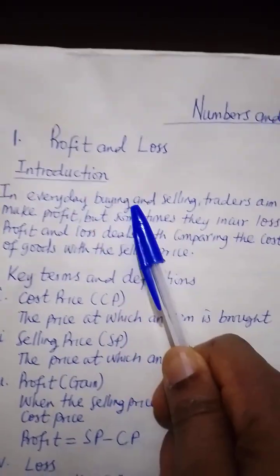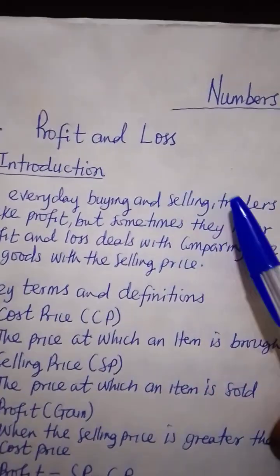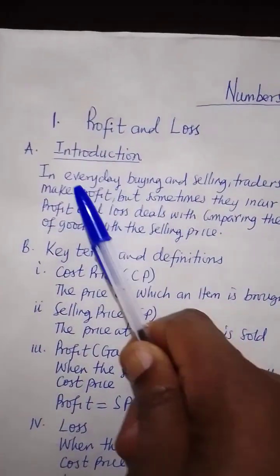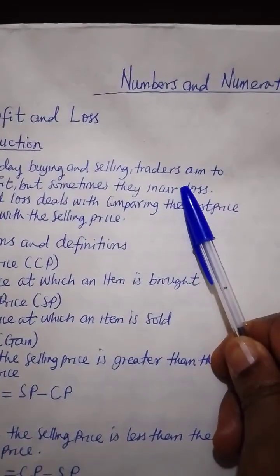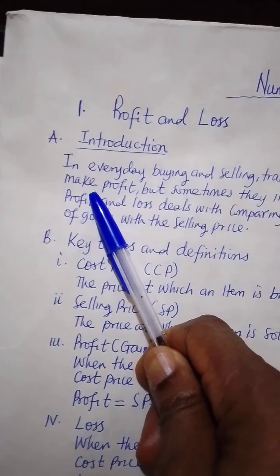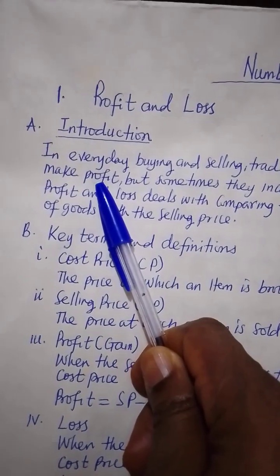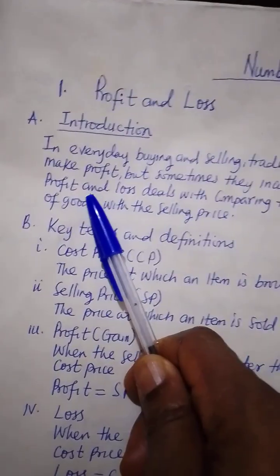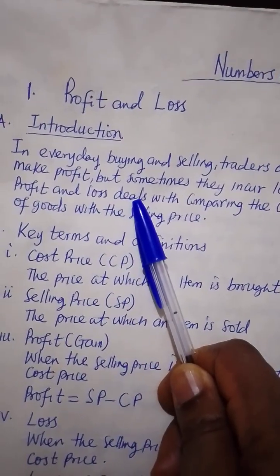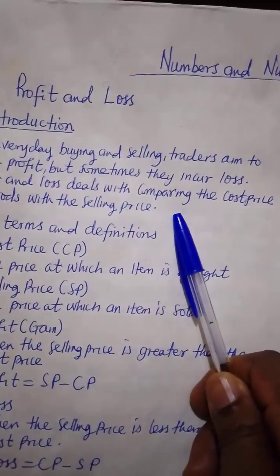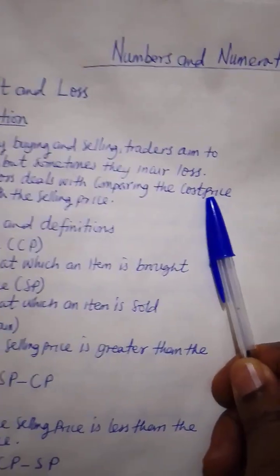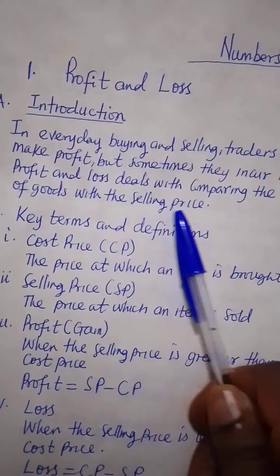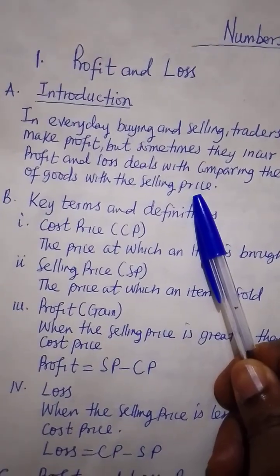In everyday buying and selling, traders aim to make profit, but sometimes they incur loss. Profit and loss deals with comparing the cost price of goods with the selling price.